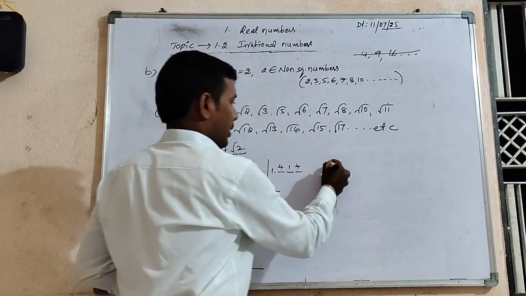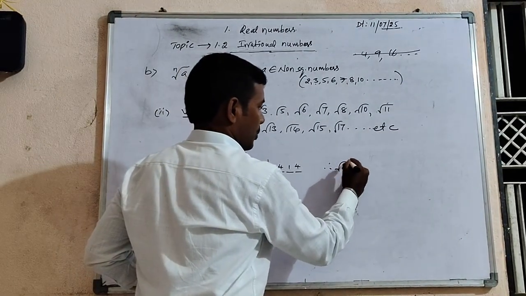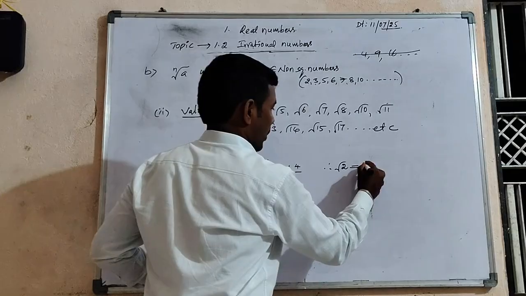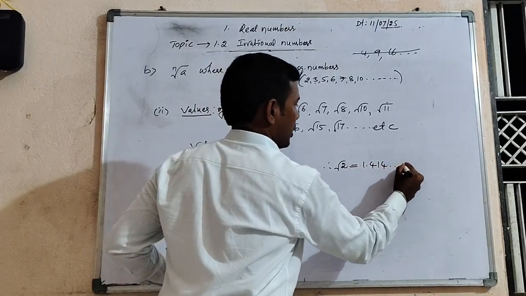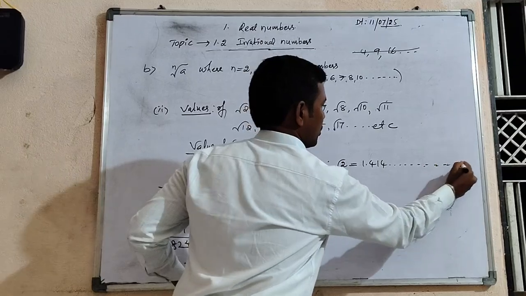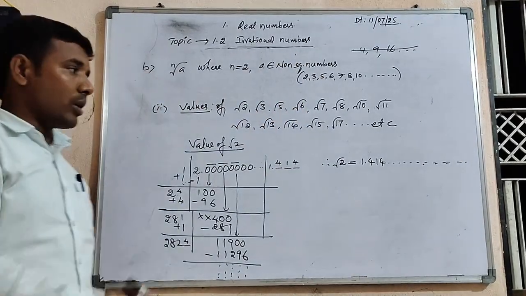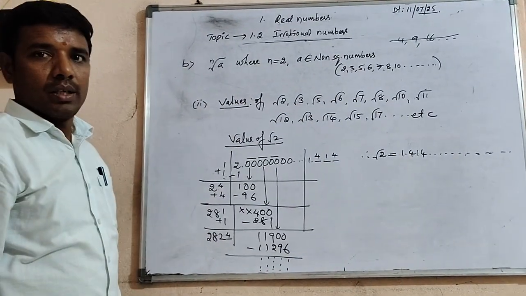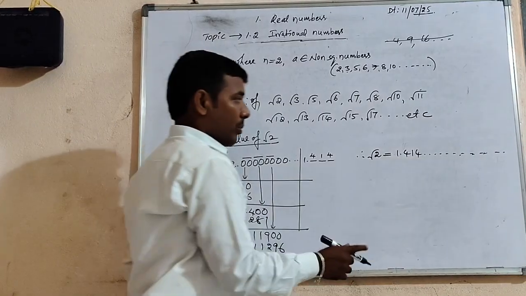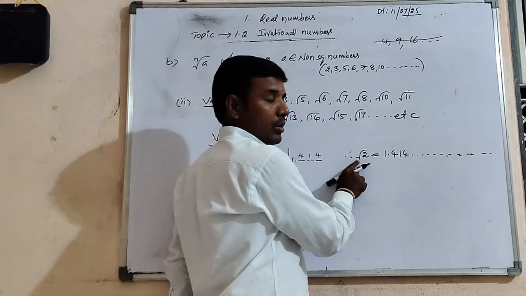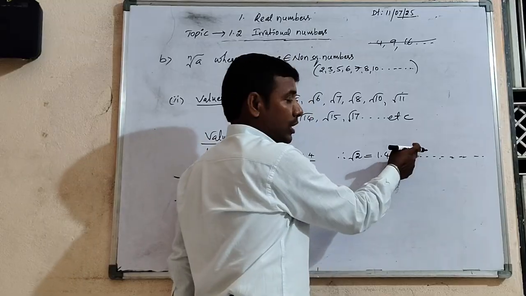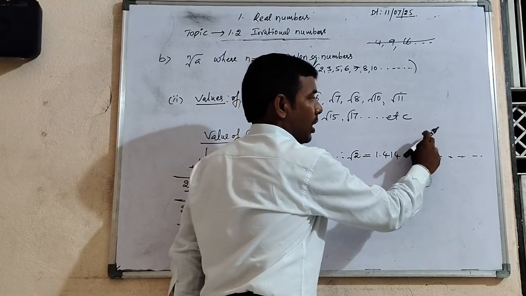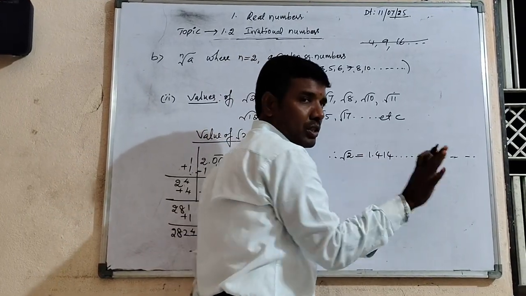Now I am writing here, square root 2, the answer is 1.414, and again something will be there, so we cannot stop that. And one more reminder: it is an irrational number, no? We cannot put a bar symbol either, meaning there is no repetition, simple thing.